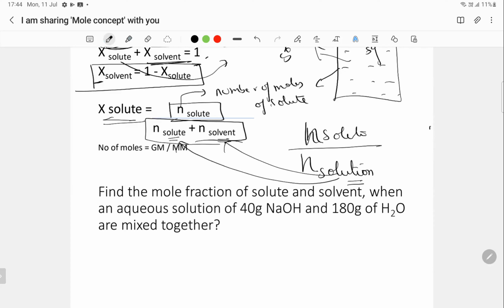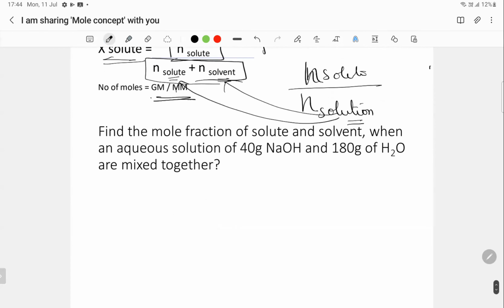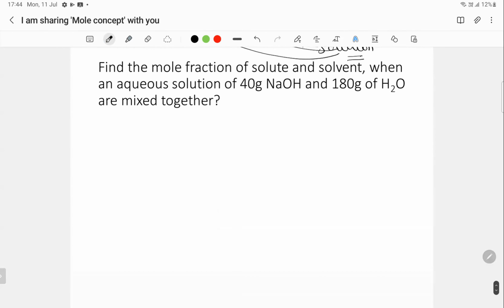So what is the formula for number of moles? Given mass divided by molar mass. Now can you try this problem? Students present online, try this problem and reveal the answer. Here, first is the mole fraction of solute and solvent.